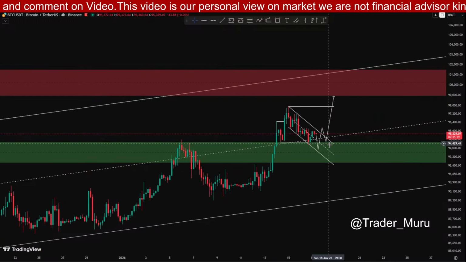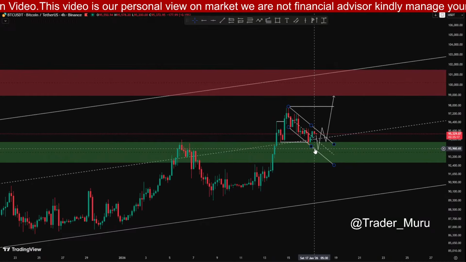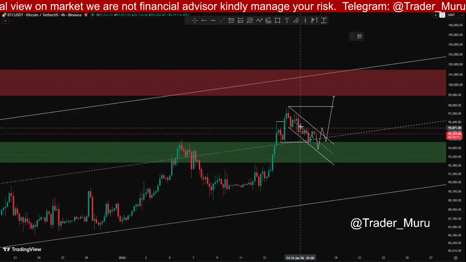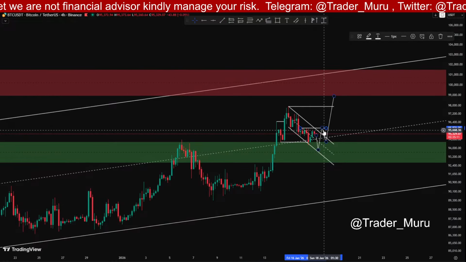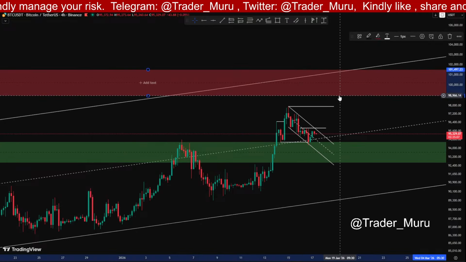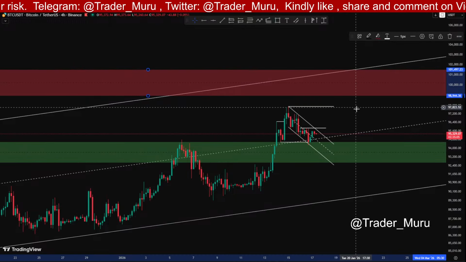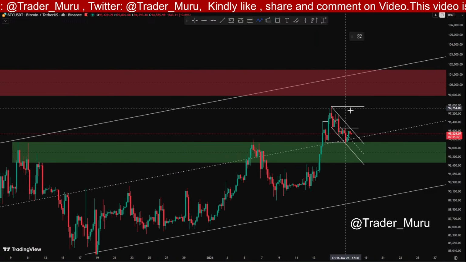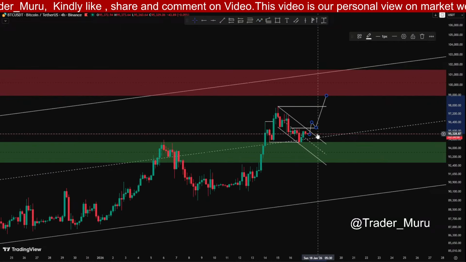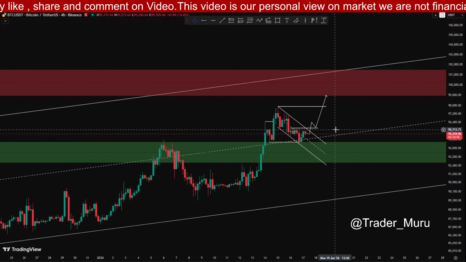We will be watching for more drop and a test here. And if we have this change of character here, we will be watching for buy towards first this high, then 98 to 100k. This will be our target here. Before that, there is no buy in BTC.